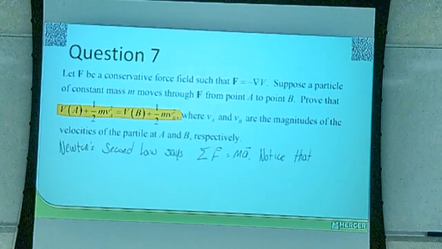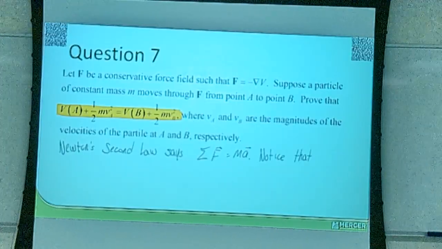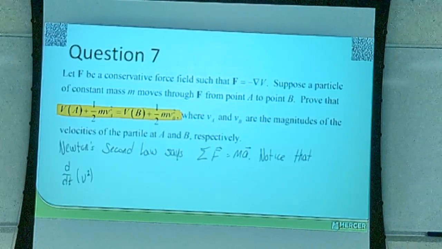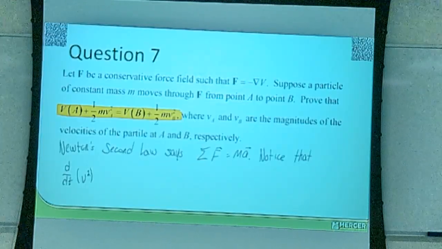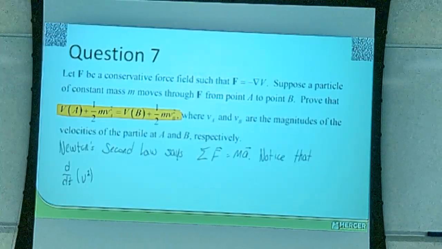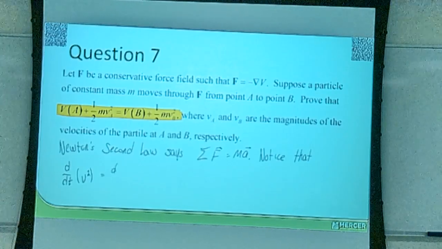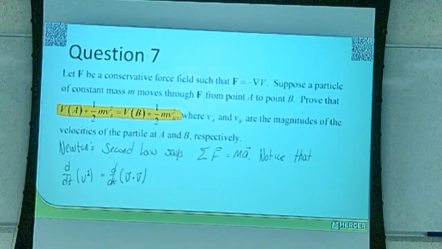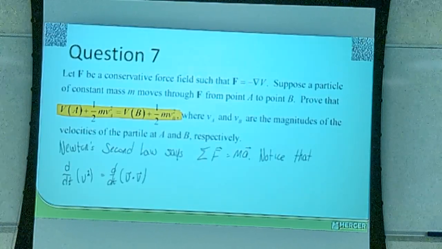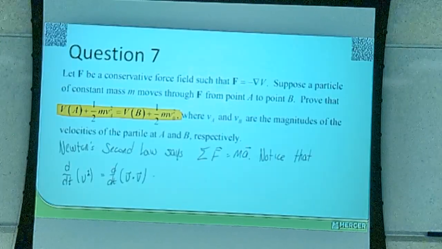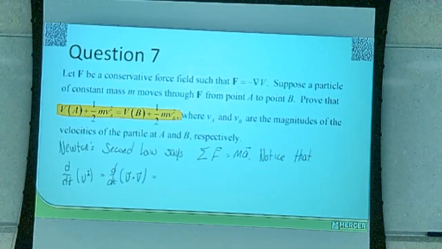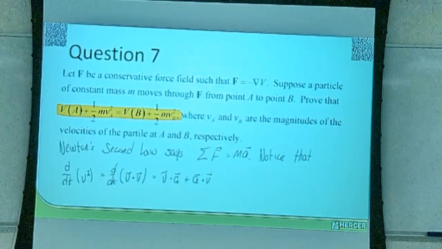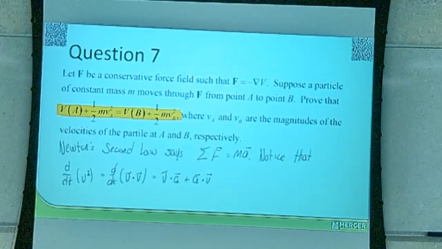Notice that if we take the derivative with respect to time of velocity squared, or speed squared rather, that's the same as the derivative of velocity dot itself, right? That'd be v dot a plus a dot v by the product rule.